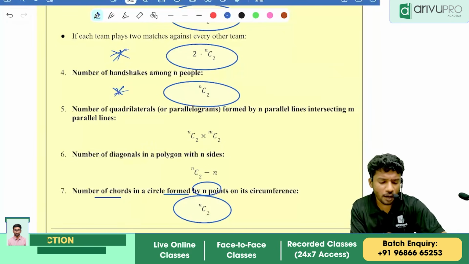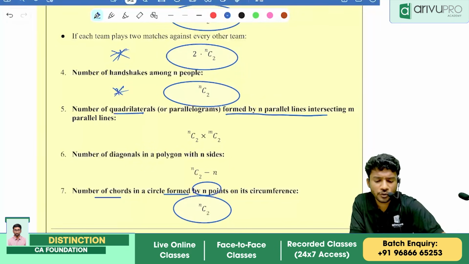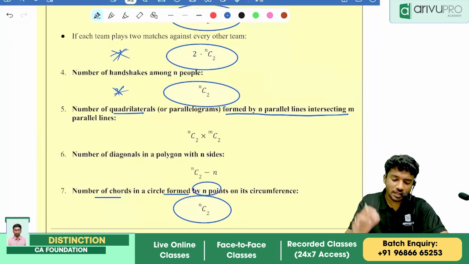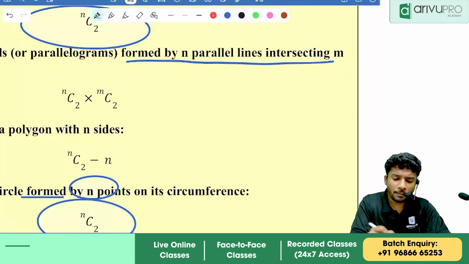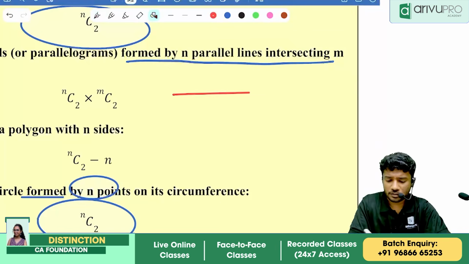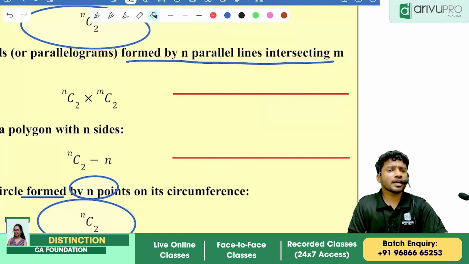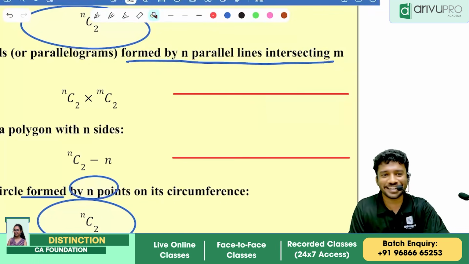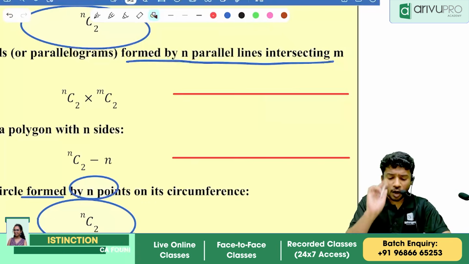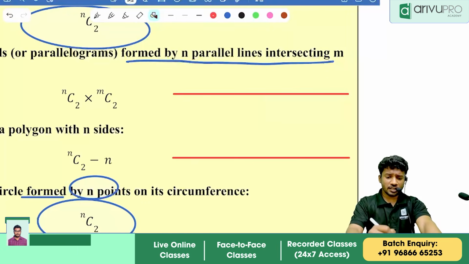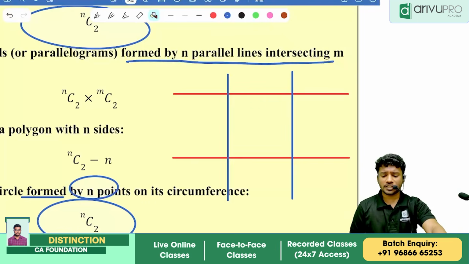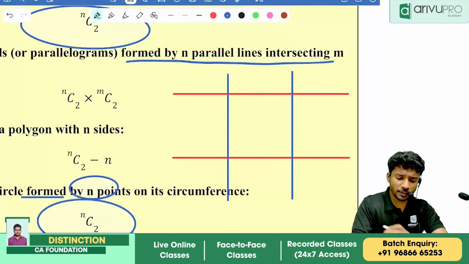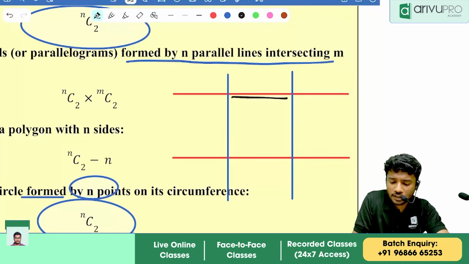Next one. Number of quadrilaterals formed using N parallel lines intersecting M parallel lines. I will show you an example. Parallel lines are opposite to each other. Two parallel lines are there, red in color. Now they intersect another 2 parallel lines, blue in color. How many quadrilaterals are formed?